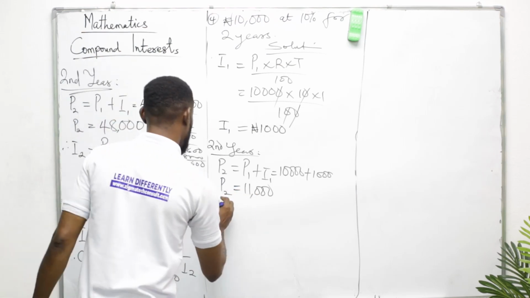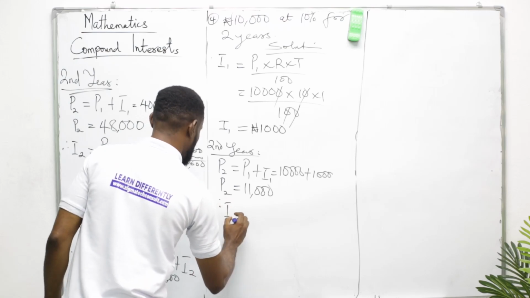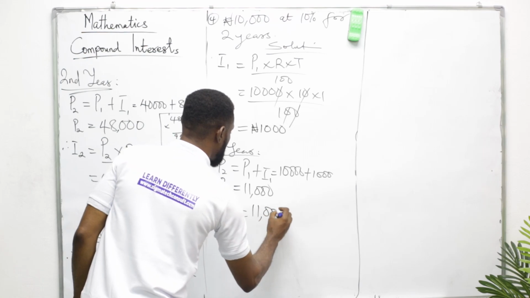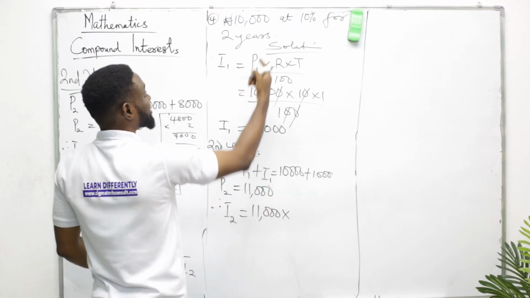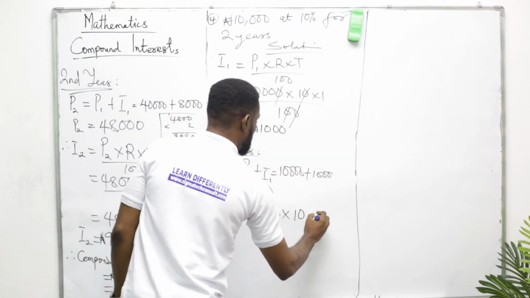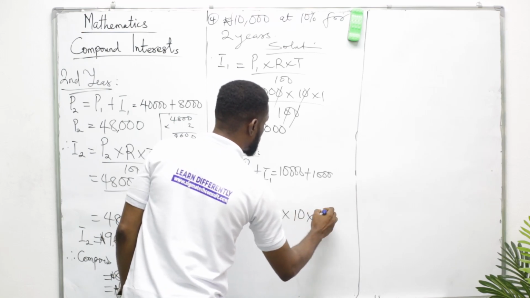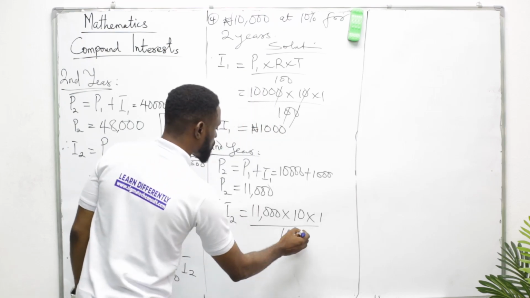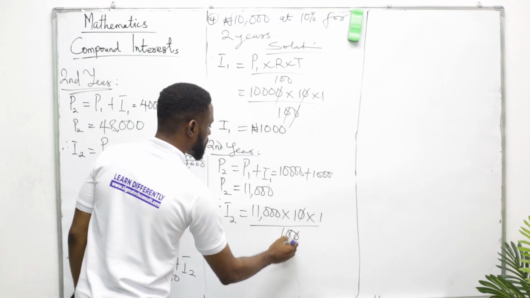So we say therefore the interest on 11,000 now is what we are doing. Interest on 11,000 times how many percent? 10% times 1 all over 100. So this goes out, this removes this.